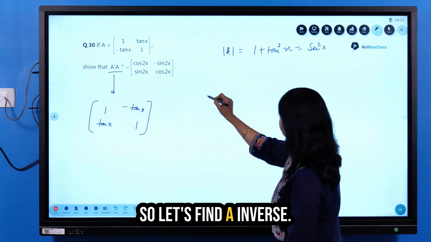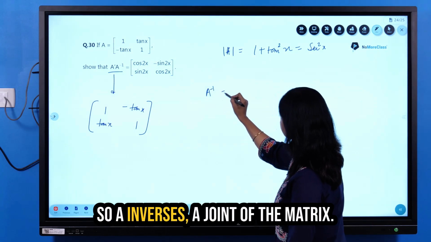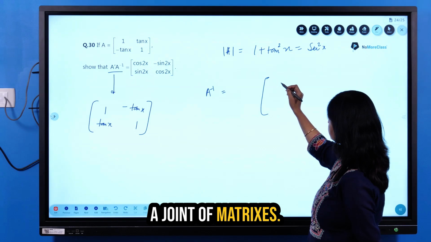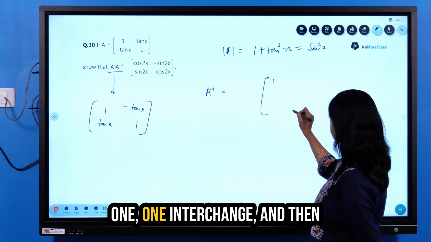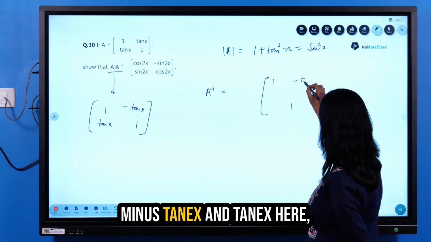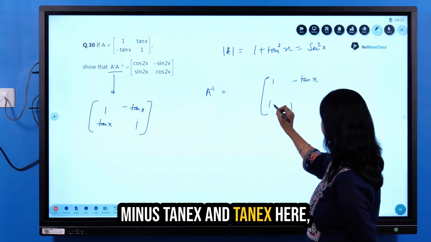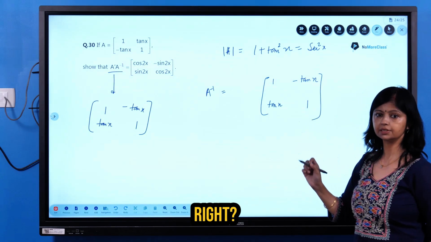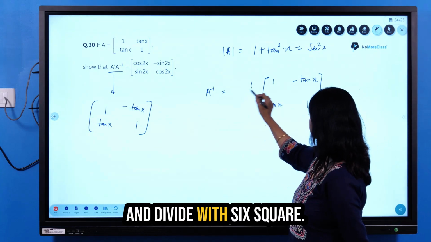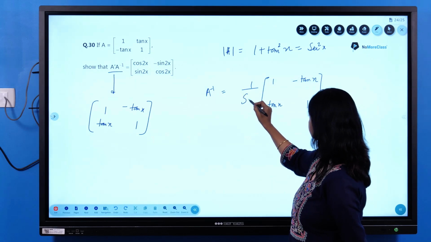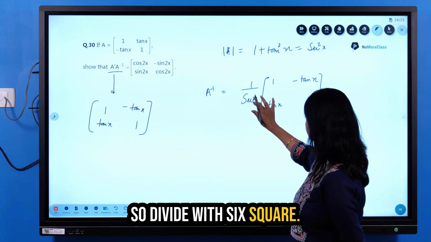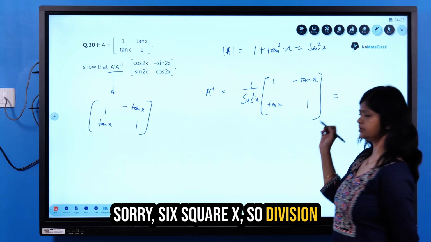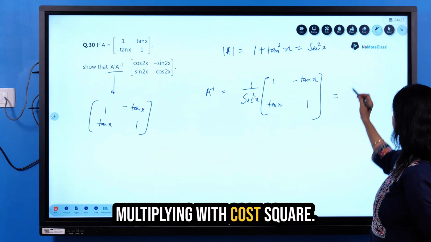So let's find A inverse. A inverse is the adjoint of the matrix. The adjoint of the matrix is 1 interchanged, and then minus tan x and tan x here, and divide by sec square x. Division by sec square is nothing but multiplying with cos square.